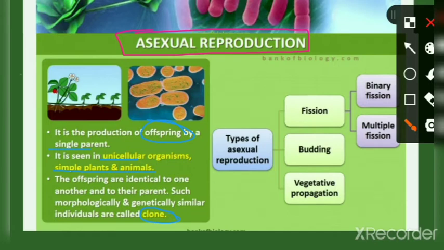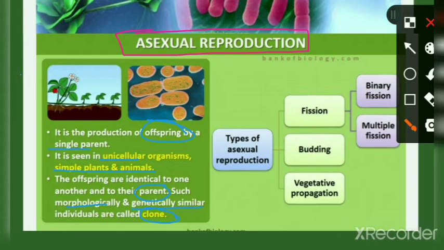Due to this, the individual formed by asexual reproduction is morphologically and genetically similar to its parent. That is why such individuals are known as clones.